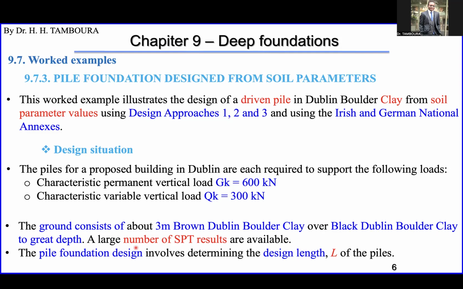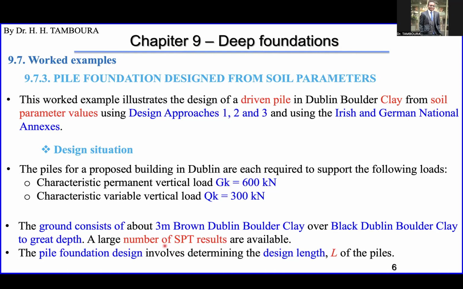As you know, in Eurocode we have some ways to obtain soil parameters from SPT results. I think we did that in my class of foundation engineering, chapter 2 site investigation, so you can go and check.